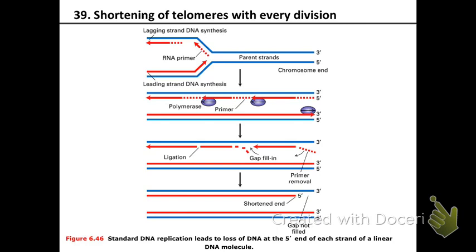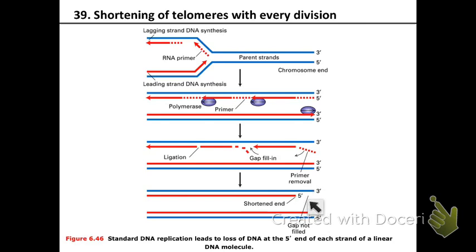When you replicate, the last portion of the lagging strand is not going to be able to fill in this gap, because the DNA polymerase needs a primer to fill it in. What you're going to have is a shortened end in one of the strands, okay?